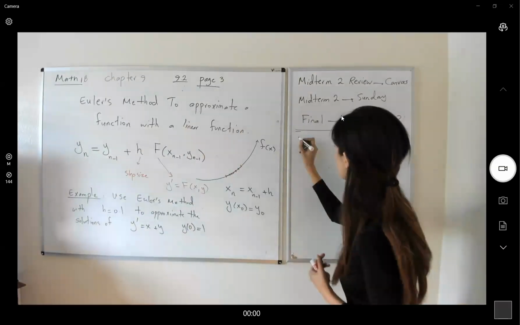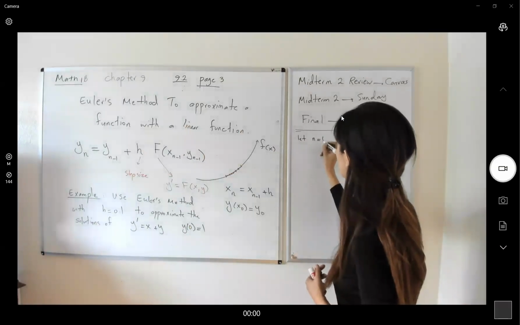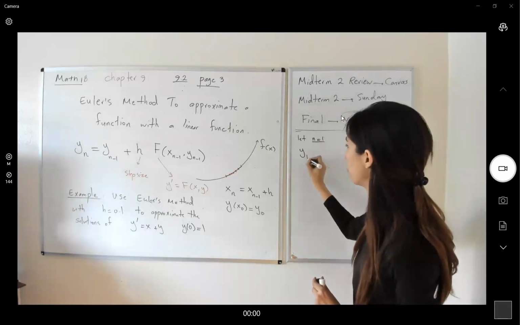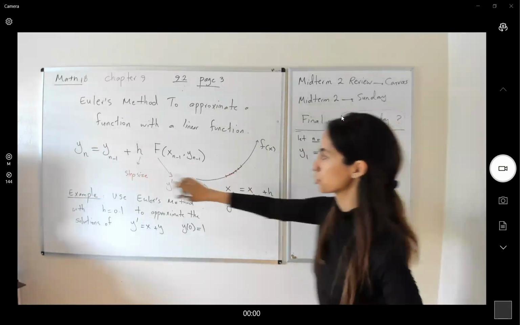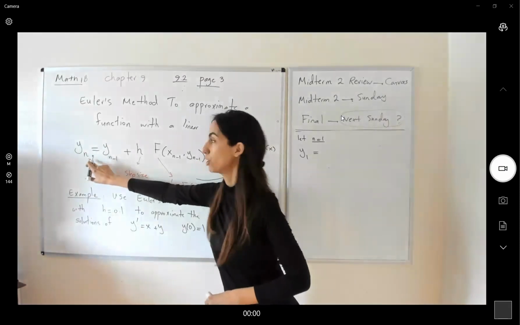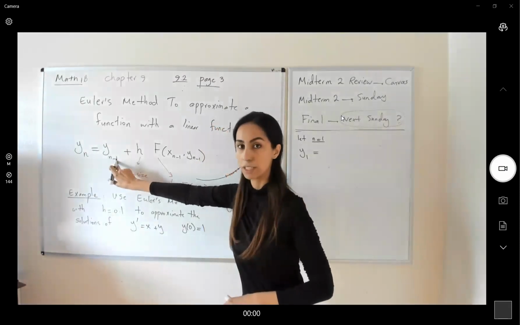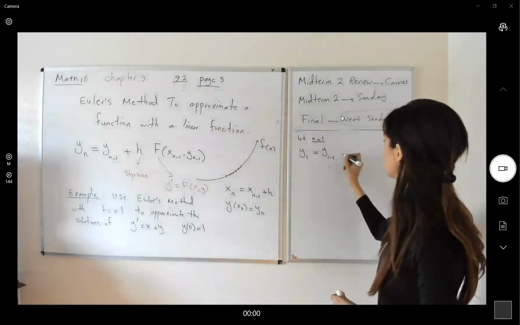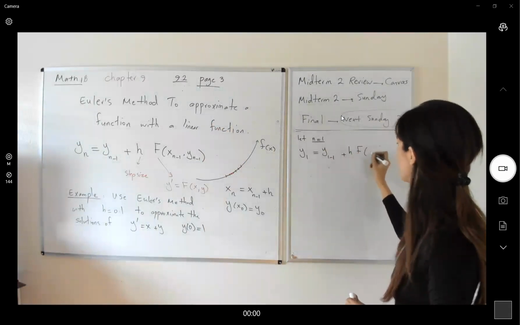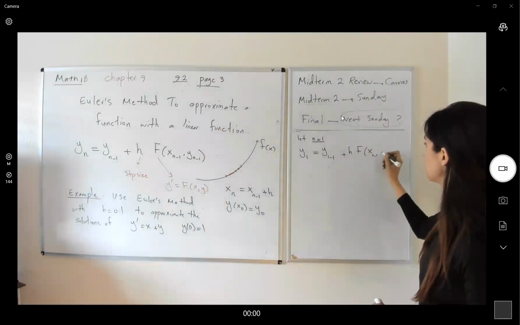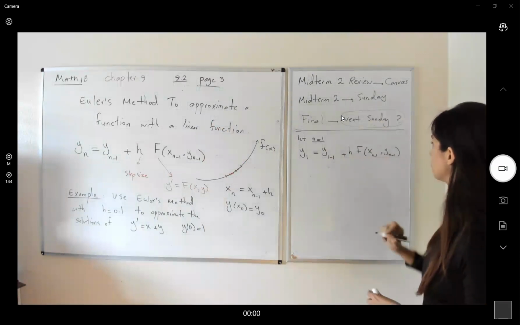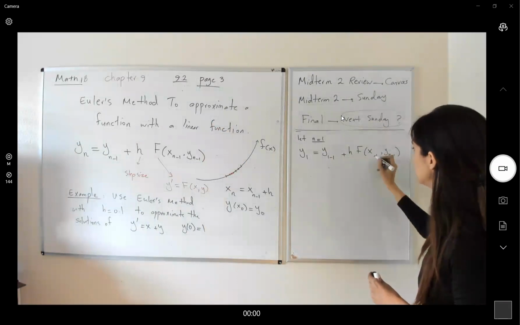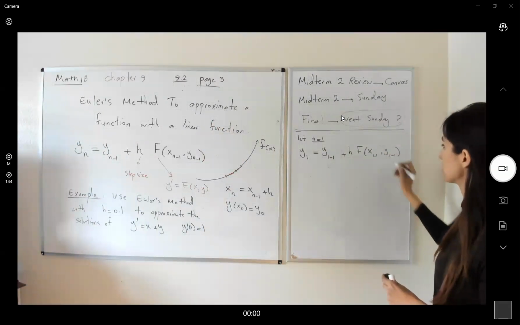Y1. So let n be 1. Then y sub 1 is equal to y sub n minus 1 plus h, f of x sub n minus 1, comma, y sub n minus 1. So 1 minus 1 and 1 minus 1.